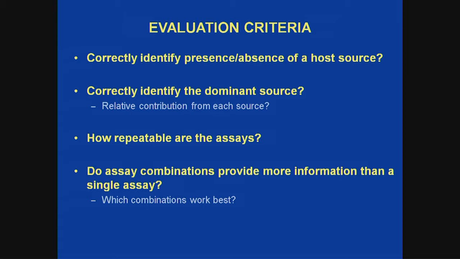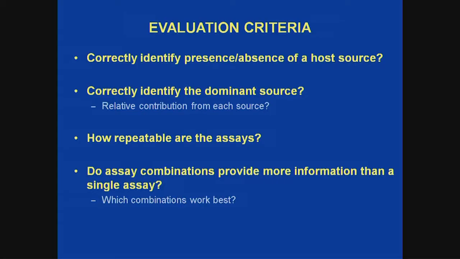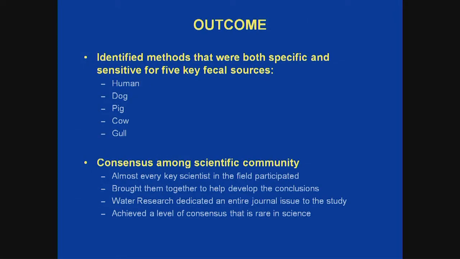Was there a lot more than the other source in there? And figure out what the relative contribution was. Some of them claimed to do that. None of them were really great at it, but they could get whether there was more of one than the other, how repeatable they were, and then could we combine them and provide more information than a single assay? And we tried to look at which combinations worked best.